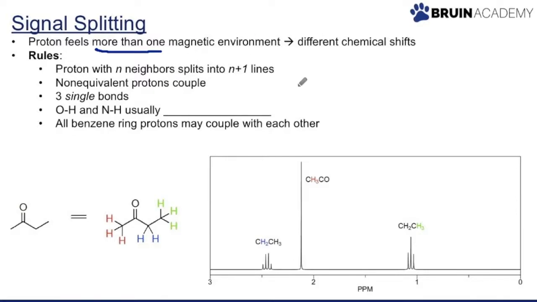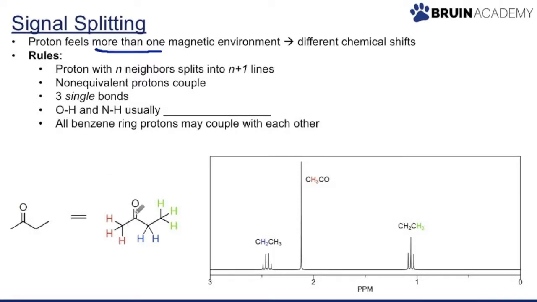Some important things to remember in terms of signal splitting have to do with the rules I've outlined below. The first thing we want to look at is that a proton with n number of neighbors splits into n plus 1 lines. To determine the neighboring protons, you basically have to look at single bonds.